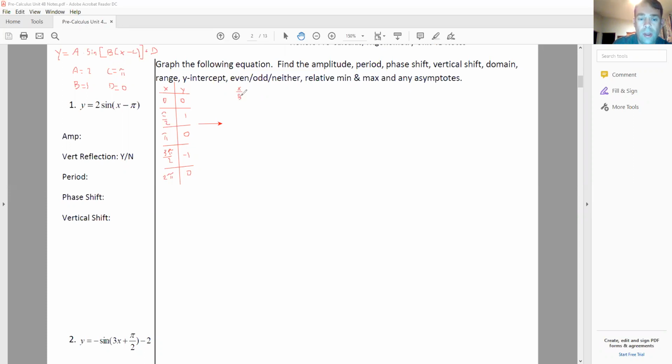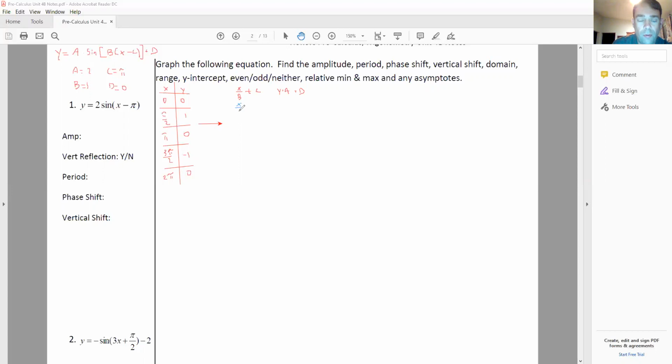So remember, we're going to go x divided by b plus c, and then we're also going to go y times a plus d. So what does that mean for us here? Well, our b value is 1, so that's not going to change anything.